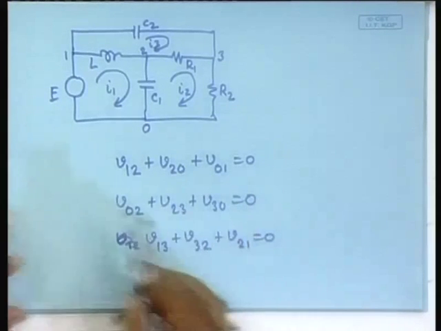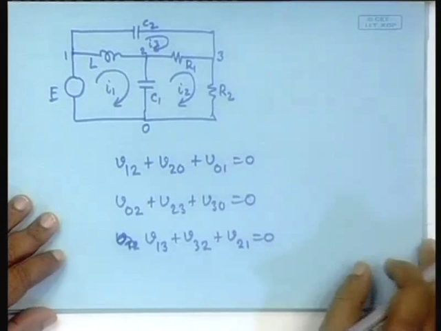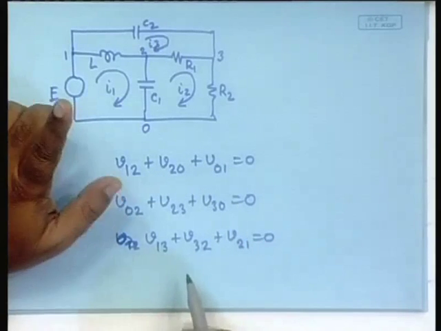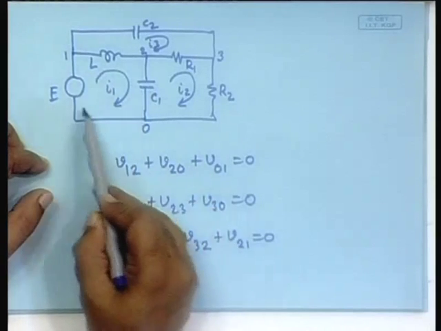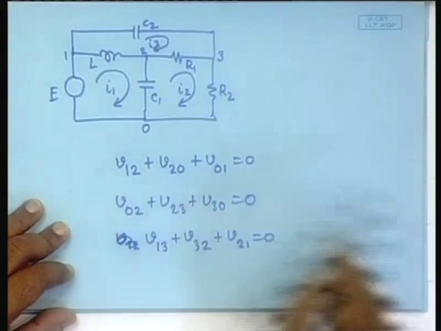So, these three are the Kirchhoff's voltage law equations, as yet trivial, but I did write it this way because I know that most students make a problem in signs. So, first write it this way and then substitute.